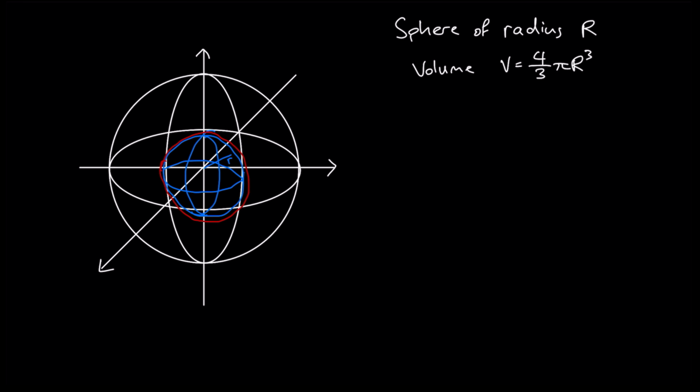So it'll be kind of dr. So I'll just shade that in. So that's an infinitesimally thick kind of shell. So in order to develop this formula, we're going to take a continuous sum of, let's call them shell volume elements.